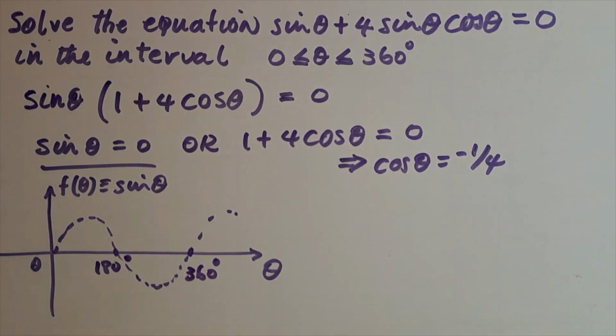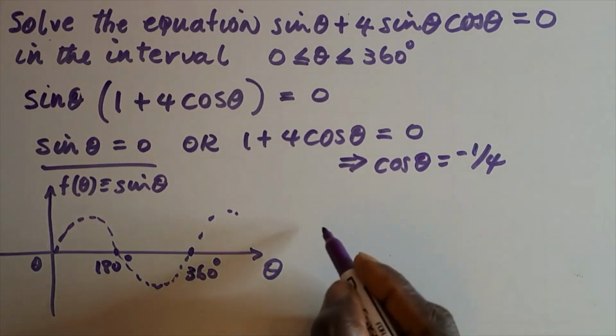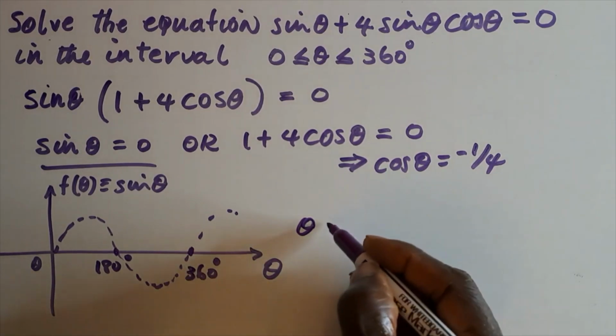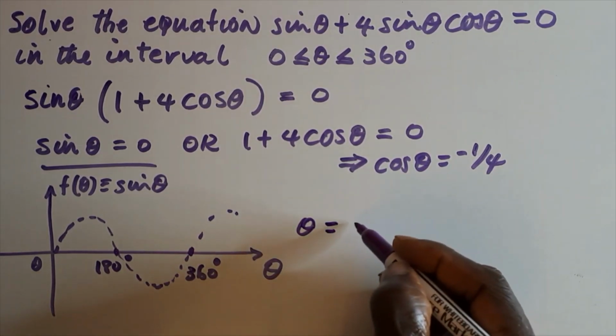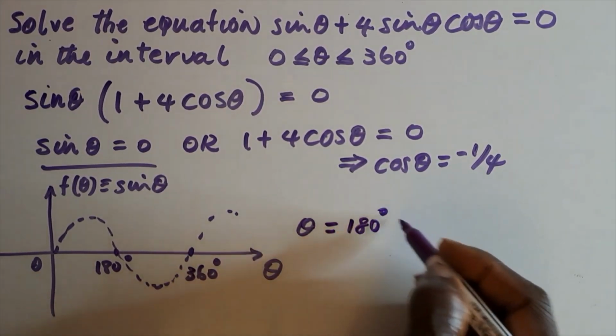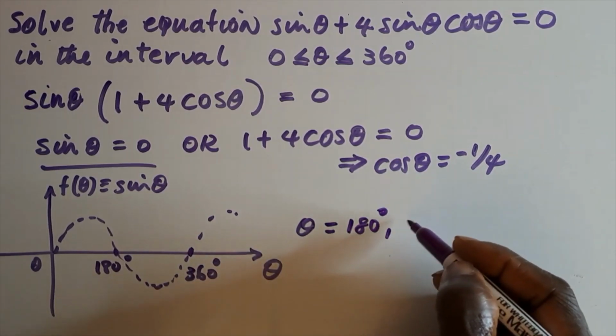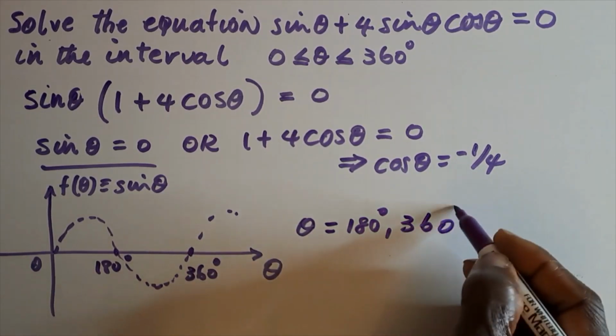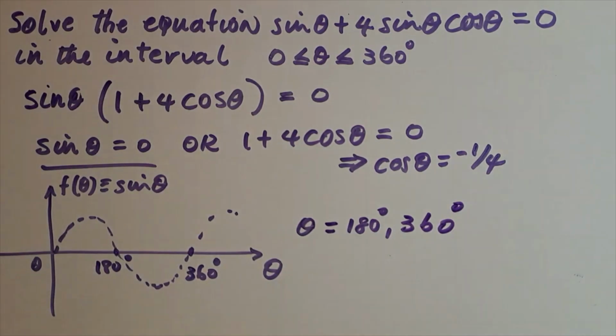So we can see for sine theta equal to 0, we have theta at 180 degrees and 360 degrees. So this is the first part, call this part 1.